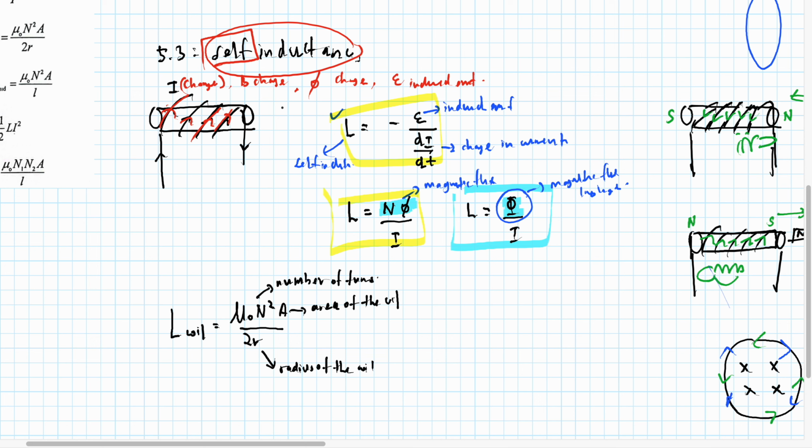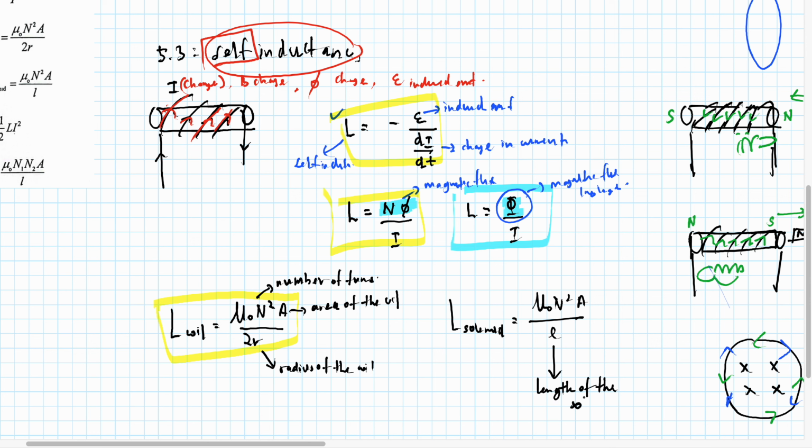Okay, so this one is specifically. So kalau soalan minta awak cari self-inductance untuk coil, then you have this information and you boleh guna formula yang ini. So yang ini specifically untuk coil. And there's another one yang specifically untuk solenoid. So self-inductance untuk solenoid adalah mu naught N squared A bahagi dengan L. Sama juga lah number of turns, area, and cuma L ini adalah length of the solenoid.